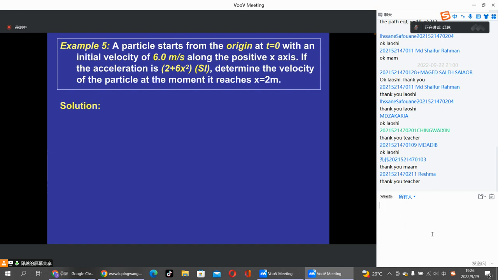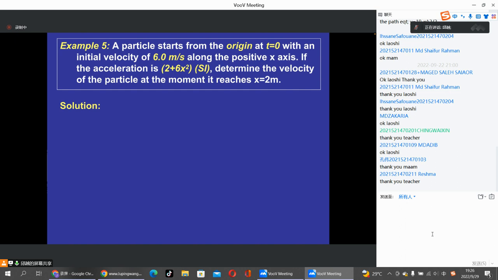Okay, for this problem, it seems a little different from what we have learned. The acceleration is an expression, a variable, and the acceleration changes with x, right?